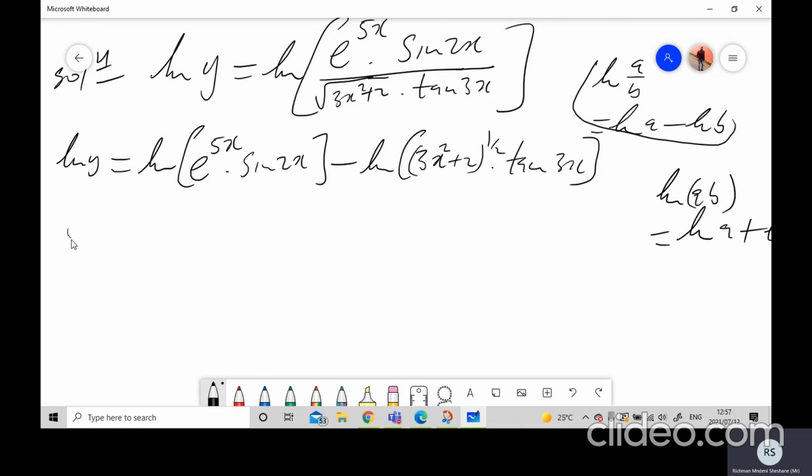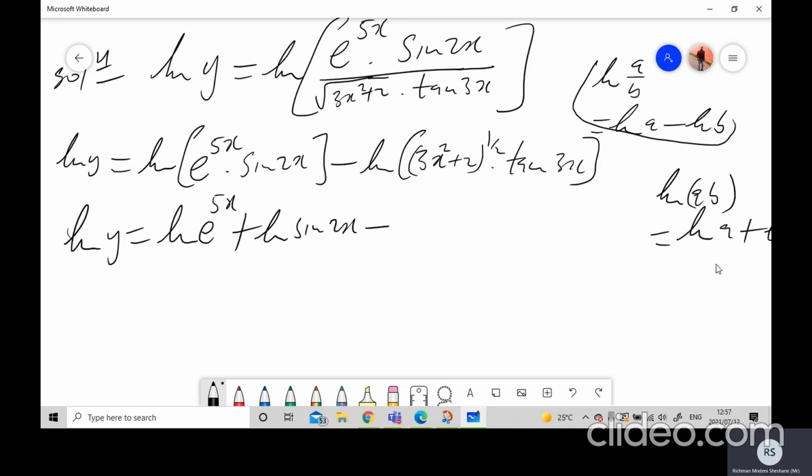So here I have ln of y equal to ln of e to the 5x plus ln of sine 2x. I just apply this log property. And I also see the same property in my second term. So I can expand, treating this as a and this as b.